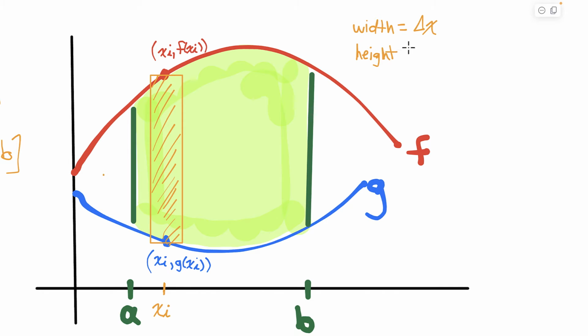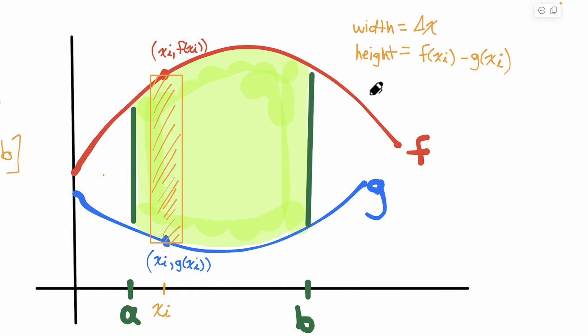Well, we could calculate that. The height would just be the vertical distance between that point and that point. So I would just subtract that y value minus that y value. Always the top one minus the bottom one so that we get a positive height for this rectangle. So I would just do f at x sub i minus g at x sub i.